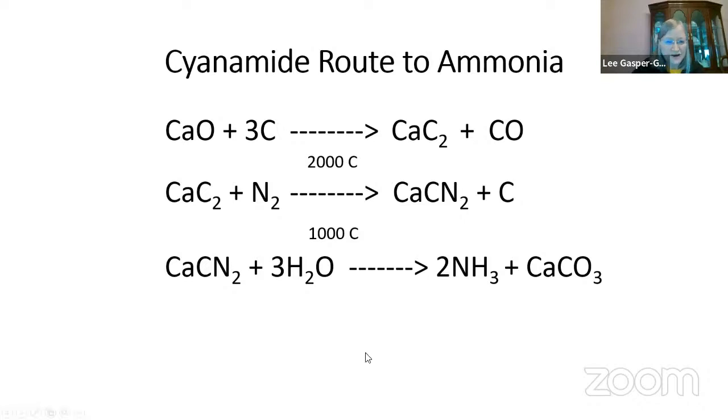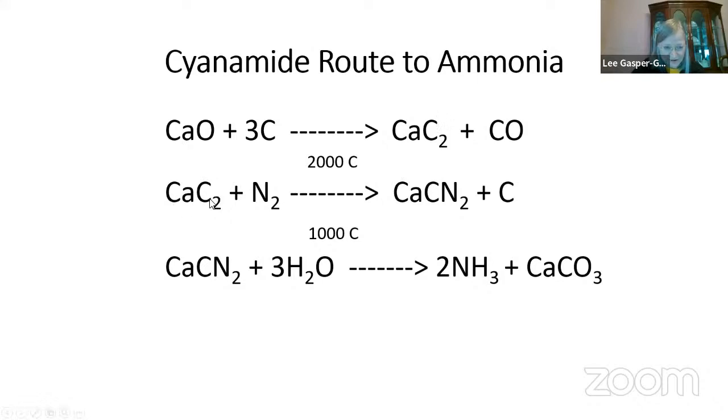Basically, you're starting out with lime, which is calcium oxide, combining with carbon, which probably is coal, as your source. Now notice this is run at extremely high temperature, 2000 degrees centigrade, to go to calcium carbide and carbon monoxide.